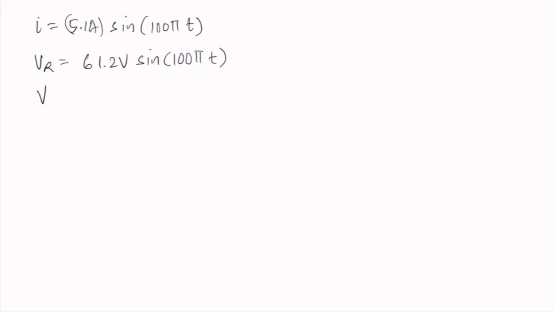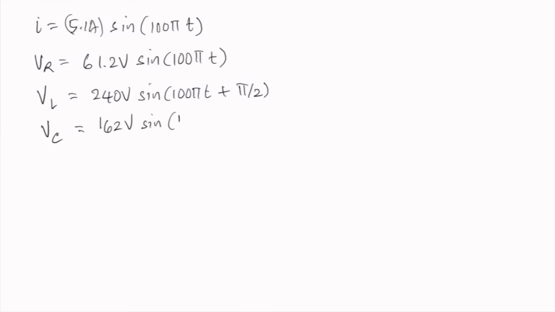For the voltage across the inductor, we have 240 volts times sine of (100 pi t plus pi over 2), since the inductor voltage leads the current by 90 degrees. For the capacitor voltage, we have 162 volts times sine of (100 pi t minus pi over 2), since we know that the capacitor voltage lags the current by 90 degrees.